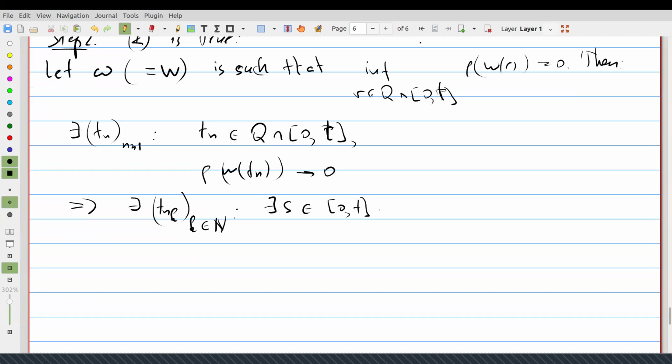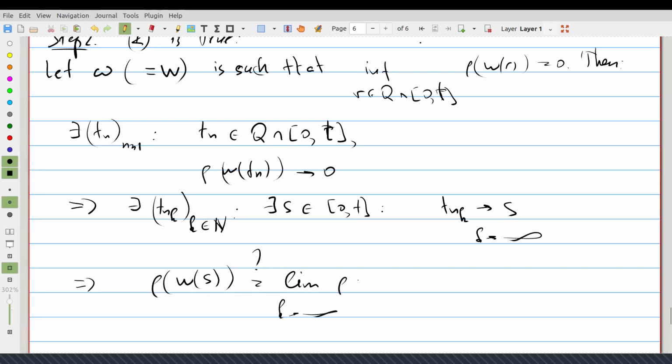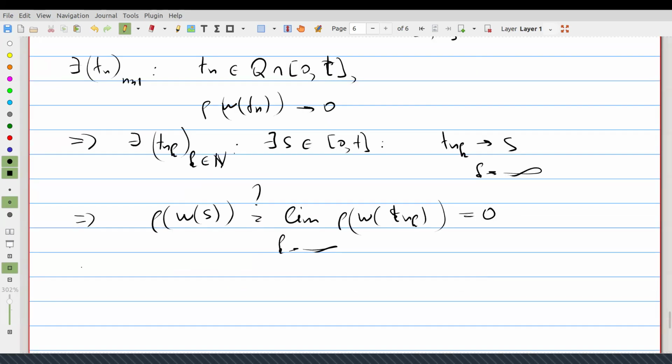It may not be rational, however. The t_{n_k} converge to S. But this means the W of S, now we will prove this also, is the limit when k goes to infinity of rho W(t_{n_k}). This is 0. And this means the tau, the first moment this happens, is less than T.